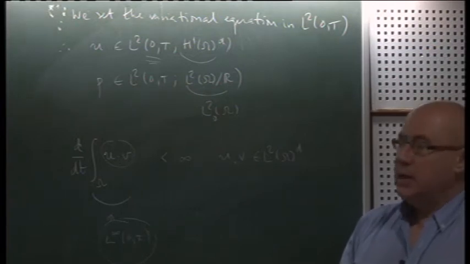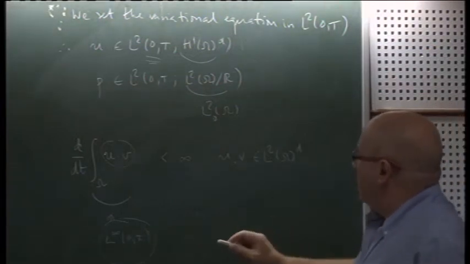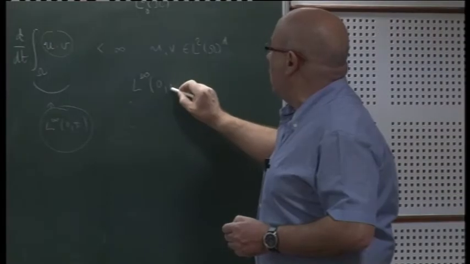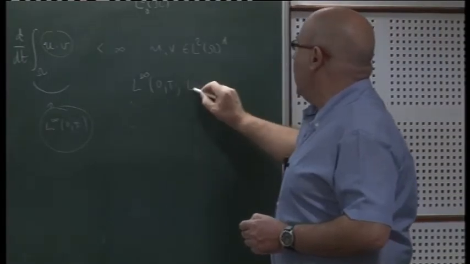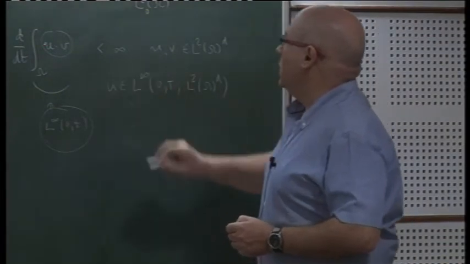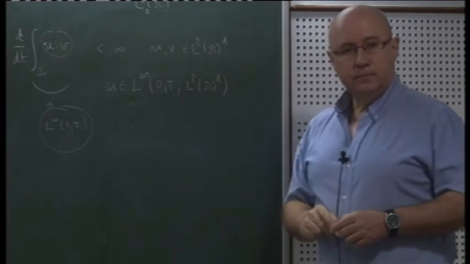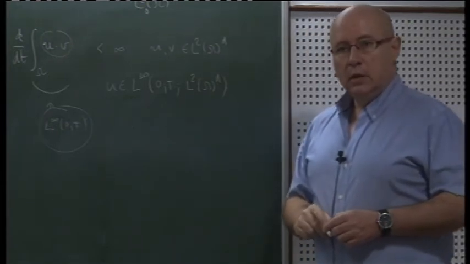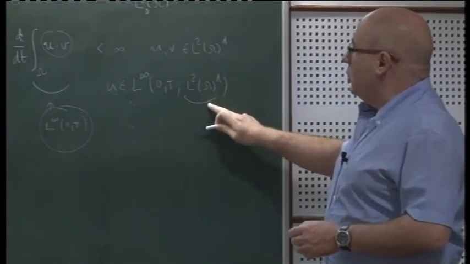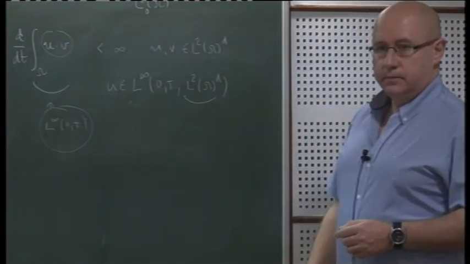You understand? Therefore, we need that the L infinity norm in time of the L2 norm in space of u be bounded. You understand that? So, we need only its L2 norm being L infinity.